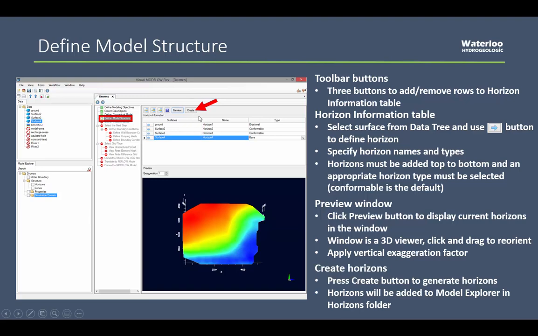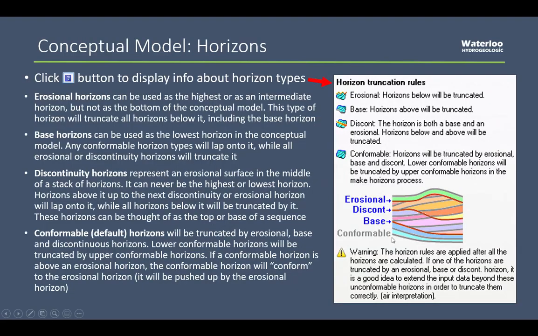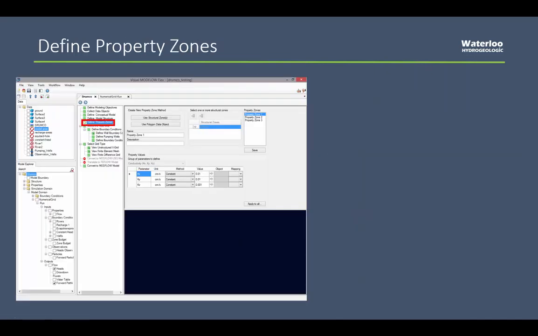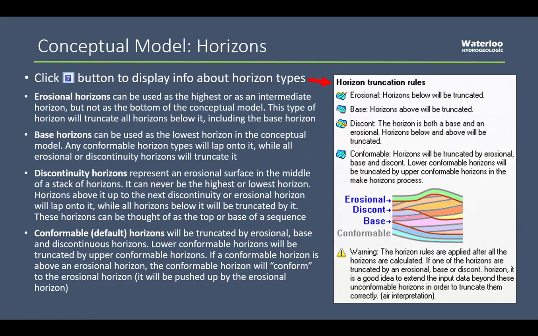And you would then click on the Create button. Essentially, these horizon rules allow you to create 3D structural objects based on the input of just these surface data files. Okay, so when you click Create, it creates these structural zones, which again are just 3D objects.